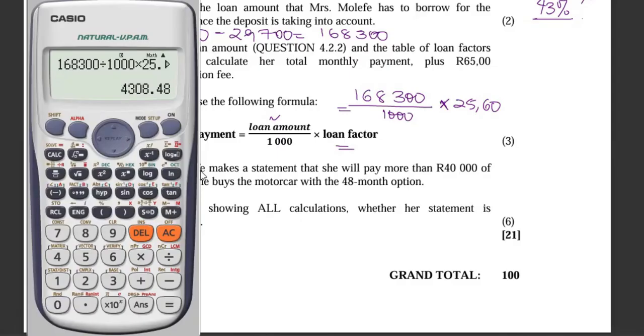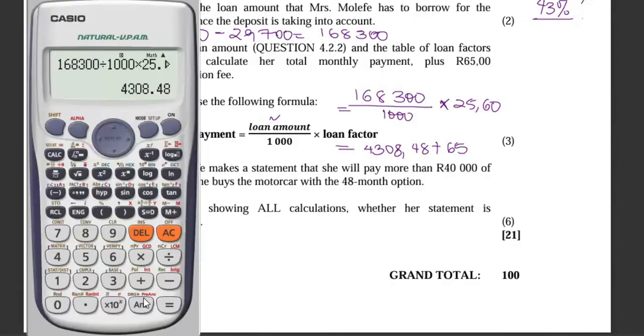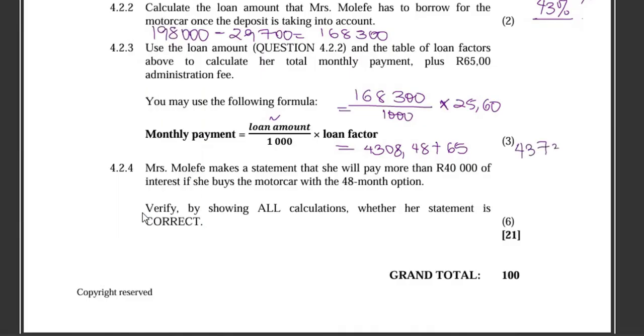So it's 4,308.48. Plus 65. Add the 65 there, the admin fee. So we end up at 4,373.48. So this is what we're looking at.